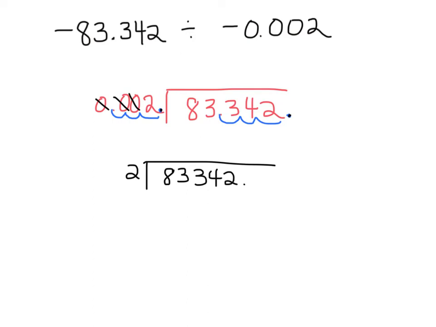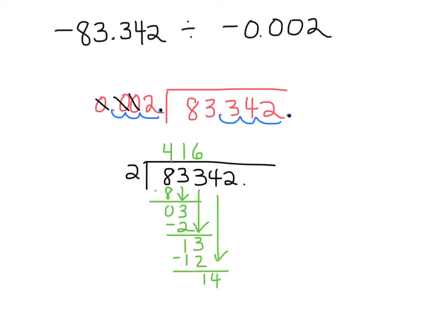Okay, let's divide now. 2 goes into 8 4 times, which is 8. I'm going to bring down my 3. 2 goes into 3 once, which is 2. I'll subtract. Bring down another 3. 2 goes into 13. Nope, not 2 times. 6 times, which is 12. Subtract, I get 1.